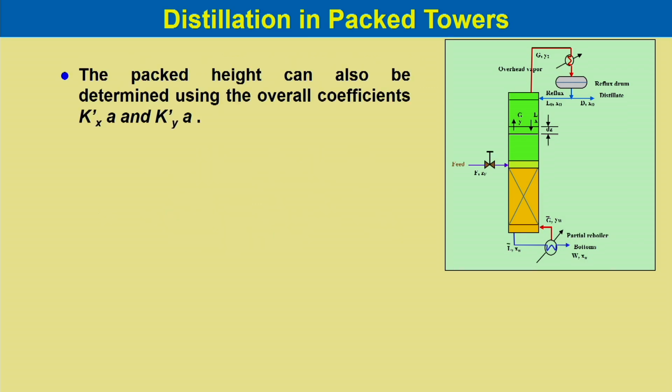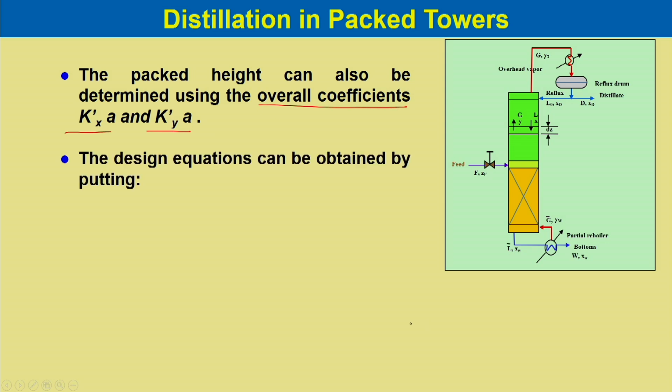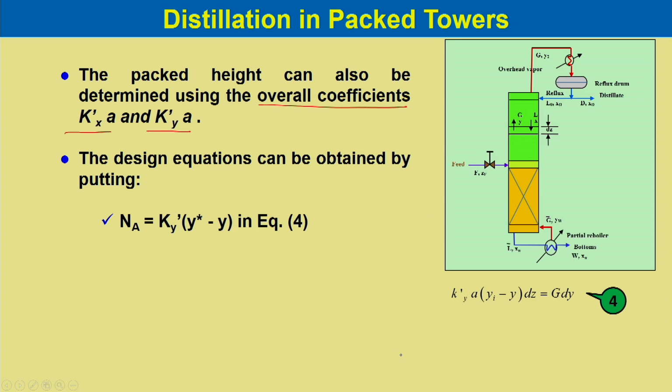The packed height can also be determined using the overall coefficients, that is capital Kx dash A and capital Ky dash A. The design equations can be obtained by putting Na is equal to Ky dash into y star minus y in equation 4 and Na is equal to Kx dash x minus x star in equation 5.